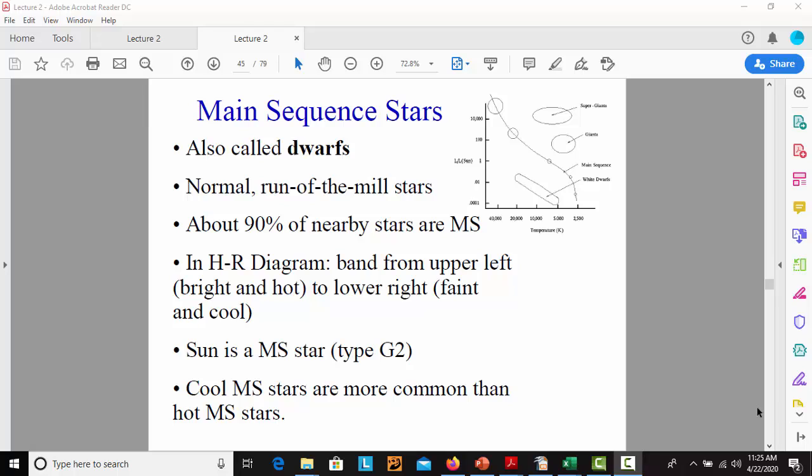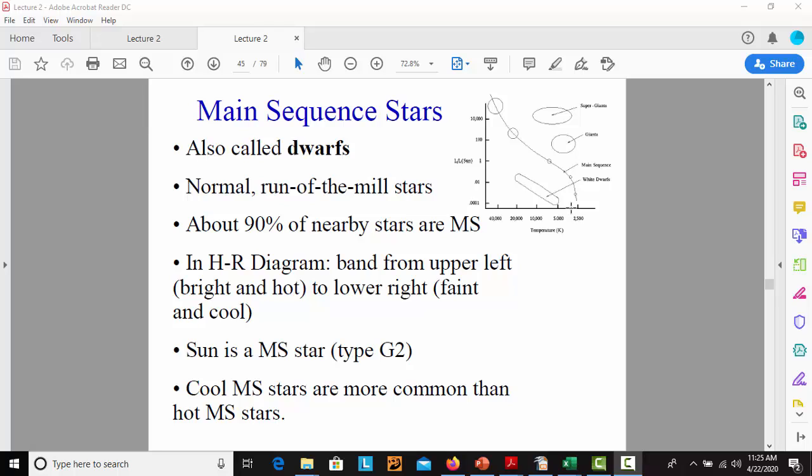So if you remember, if we look at the main sequence stars, we said that if we plotted luminosity versus temperature or star type, most of the stars are on this main sequence here.